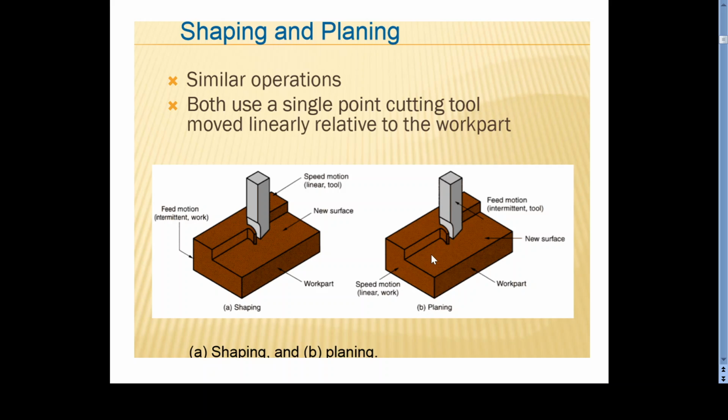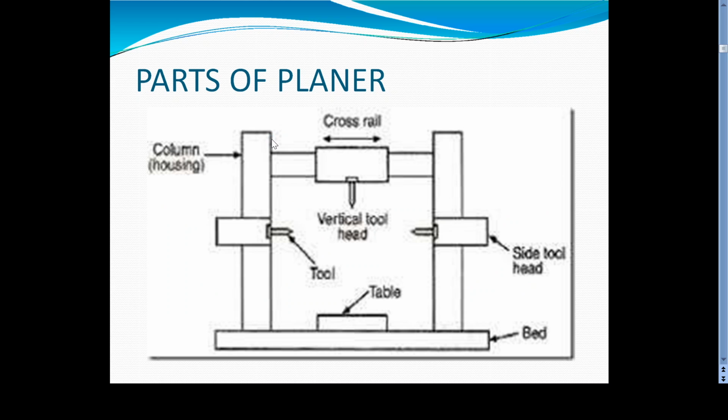That is the difference, and the resulting cutting action is almost the same. Both use a single point cutting tool, moving linearly relative to the workpiece. That means only linear motion.